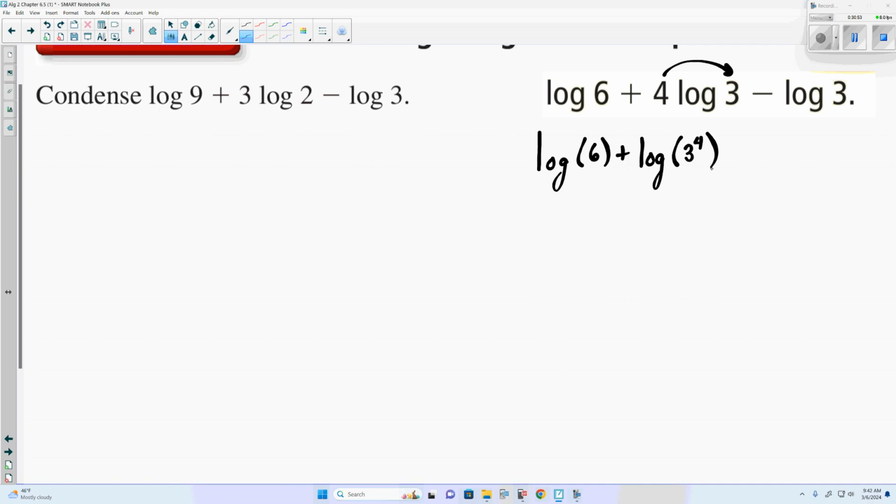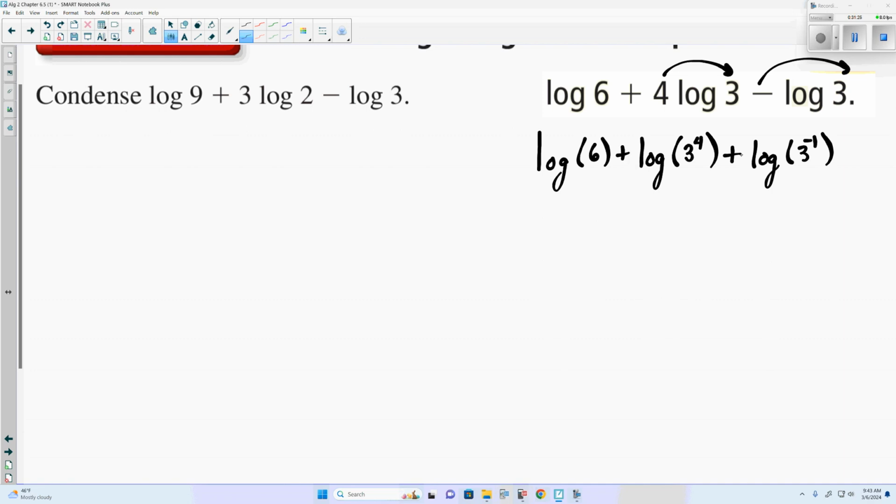And even though it's a negative, we're going to move it up, making it log of 3 to the negative 1, which makes our sign plus. Questions on power?